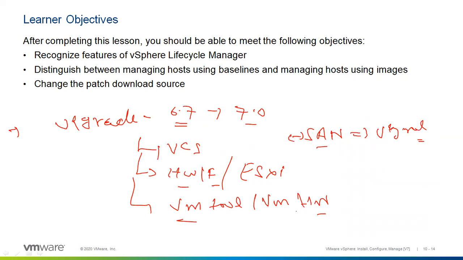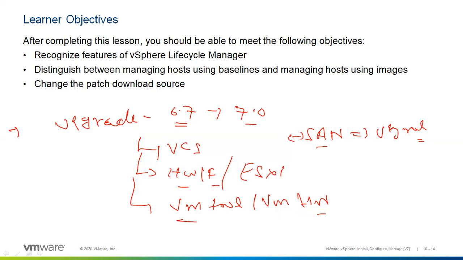First vCenter, then if there is any dependent component, like storage and all, do the upgrades of that. Then hardware and firmware for your ESXi, then your VM tools and the virtual hardware version. That you can do at any time, but that's normally the sequence we follow.